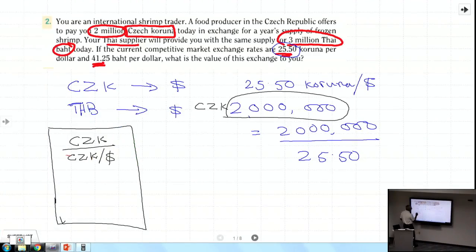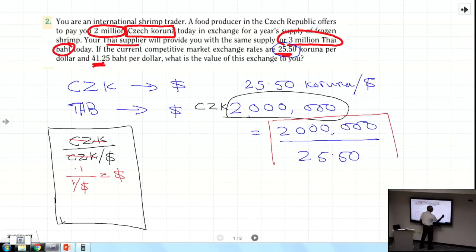The CZK and the CZK cancels, and I'm left with 1 over dollar, which is equal to the dollar. So all of that converts this amount into US dollar, and that conversion is 78,431 US dollars.